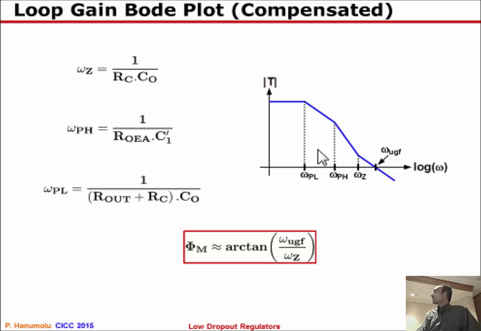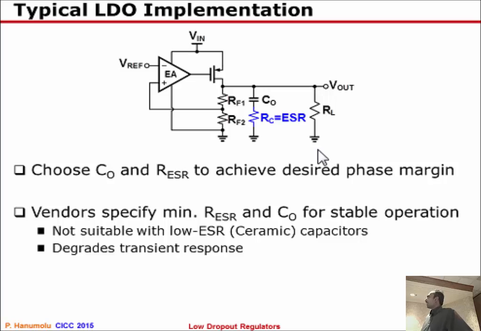So how do we actually include this compensation resistor in the feedback in the LDO? Well, the majority of commercially available LDOs often specify the ESR, the series resistance of the capacitor, to be a certain value in order to stabilize the LDO. Right? So this is a constraint that you will have to satisfy if you are to use that particular LDO in the first place.